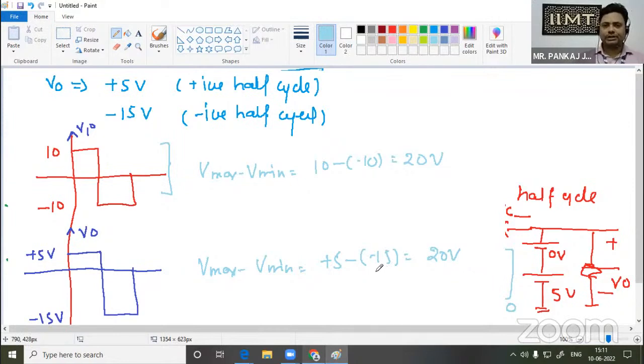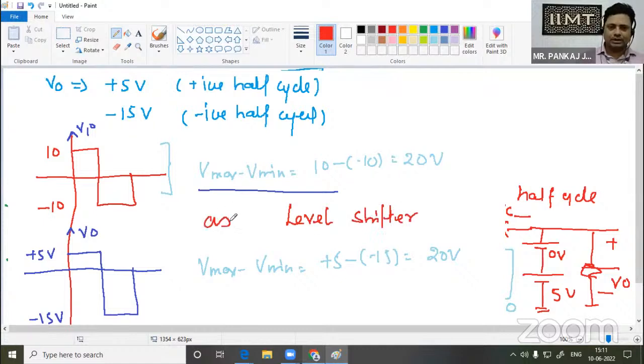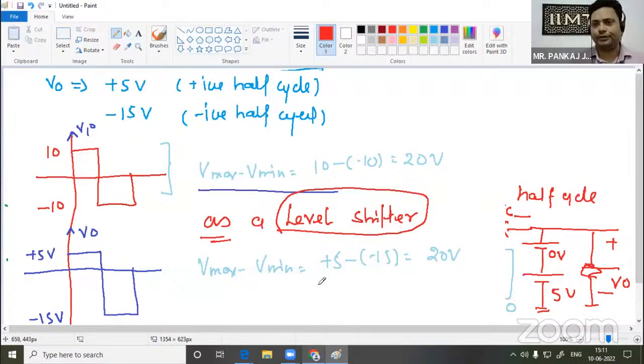From an application point of view, we can use this circuit as a level shifter. We can use our clamper circuit as a level shifter without changing the shape of the input waveform. Okay, we will do some more examples to clear our clamper concept.